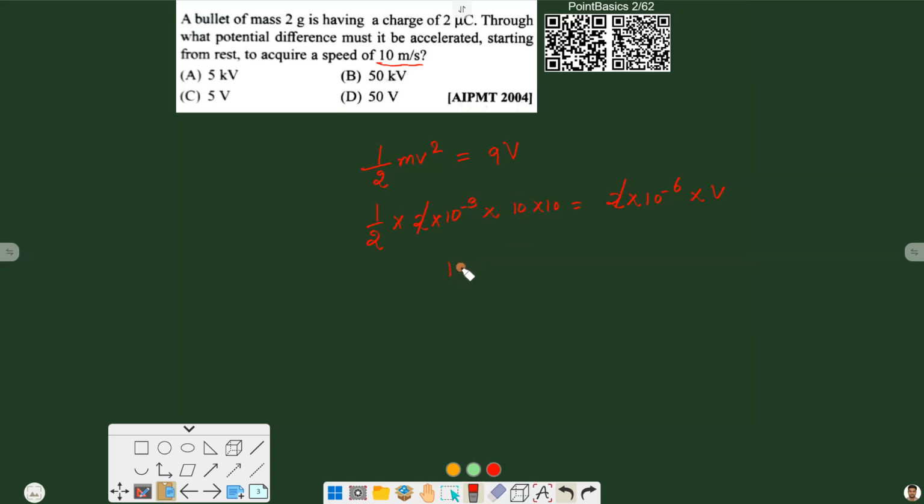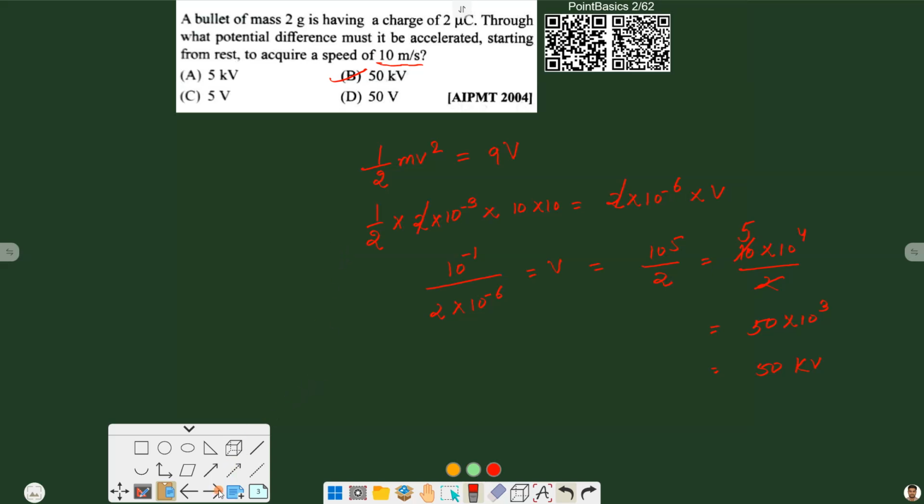So this is 10 raised to power minus 1 by 2 into 10 raised to power 6 is equal to V. So this will be 10 raised to power 5 by 2, or 10 into 10 raised to power 4 by 2. So this is 5, so 50 into 10 raised to power 3, that will be 50 kilovolt. So the right answer will be option B.